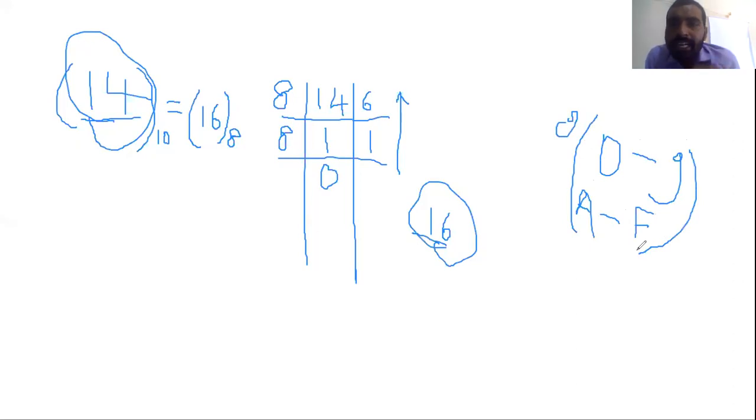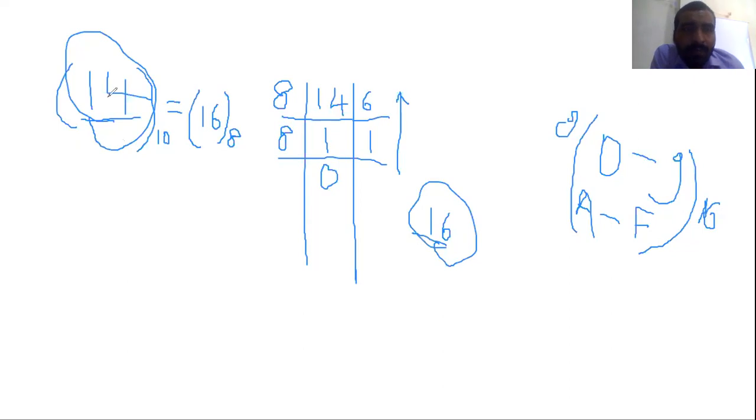And if you count A to F, you find 6 digits. So 10 plus 6, how much comes? 16. That means you can say the base of hexadecimal is 16.